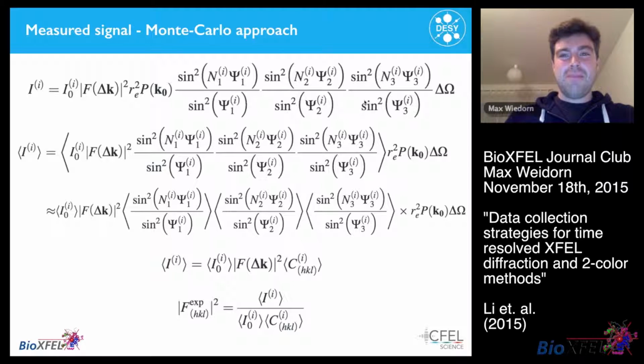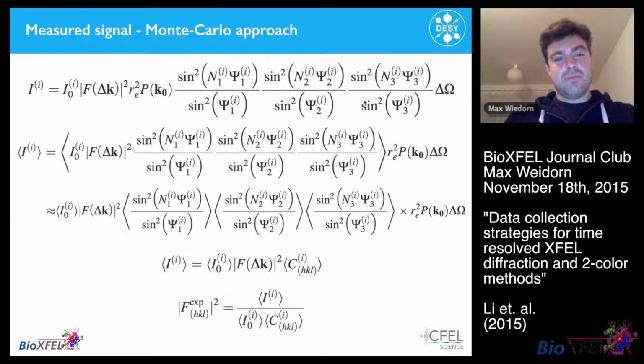They start with a really basic introduction into diffraction, and I want to start there as well, where they say that the scattered intensity depends on several known factors like the incoming intensity, and well, you all know that stuff, right? And so if you want to sum up your signal, you can average over your whole ensemble of single shots.